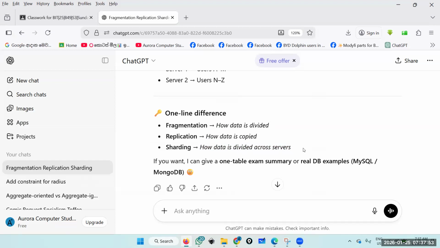So rather than having one employee table in the same database, you have two tables, say HR department employees and finance department employees. But that is not something related to the theory of distributed databases, right? It says how versus across servers. If this is across servers, the same server must also be included, right?